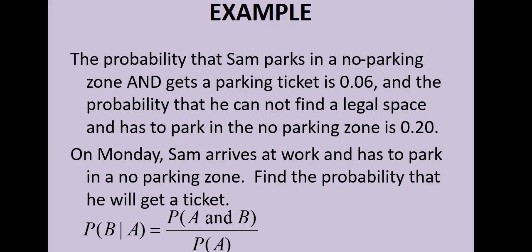So we would divide the probability of him doing both, which we've already identified in the first sentence as 0.06, by the probability of him parking in the no parking zone, which would be the probability of A, 0.20. So we would have 0.06 divided by 0.20, and that would give us the probability of him getting the ticket, given that we know he's already parked in the parking zone, and that would be 0.30.